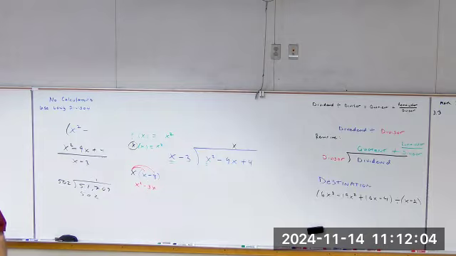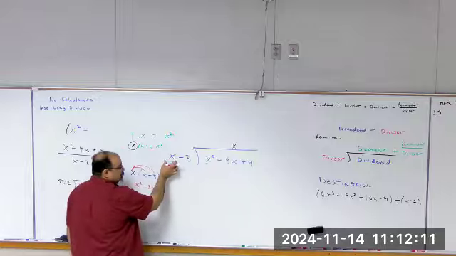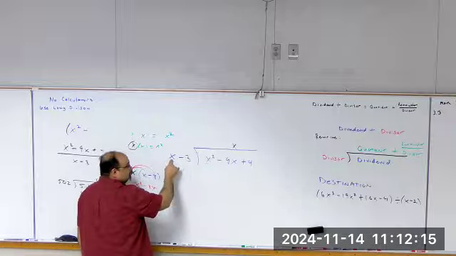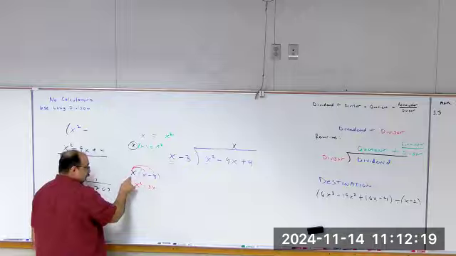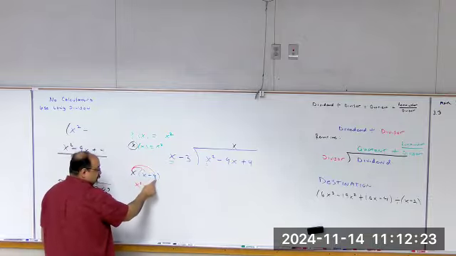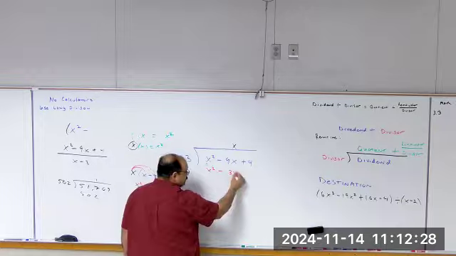So what determines your choice is just what's this first term, what's that first term. How do I make x into x squared? I need to multiply by x. So there's my choice. So now multiply. X times the divisor, x times x minus 3. I get x squared minus 3x.